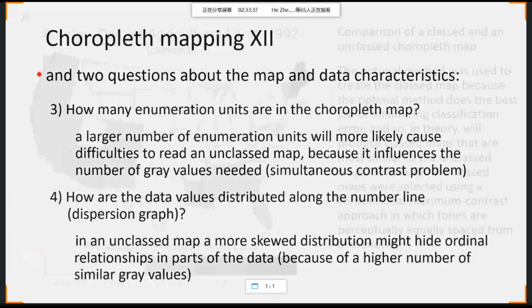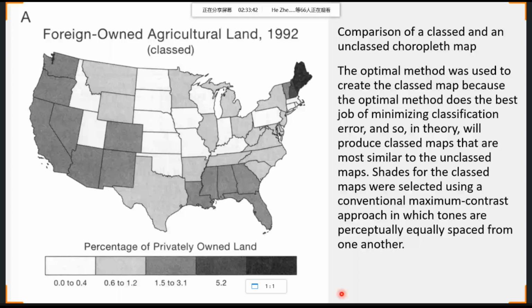Here now you have a comparison of a classed and an unclassed choropleth map. The topic is here foreign-owned agricultural land for 1992 in the United States based on data of the states. And the optimal method was used here for the classification to create the classed map because the optimal method does the best job of minimizing classification error, and so, in theory, will produce classed maps that are most similar to the unclassed maps.